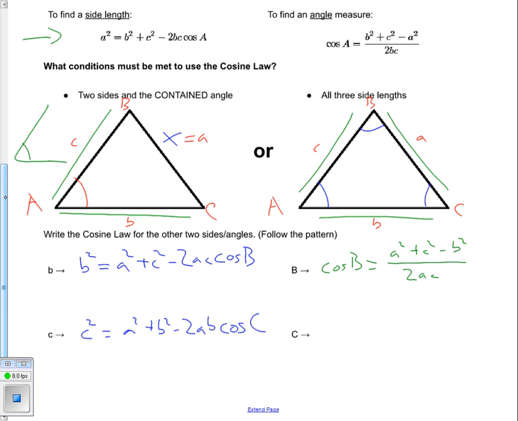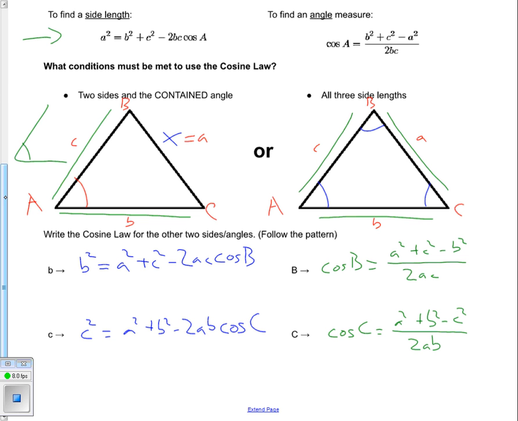And if I want to solve for angle C, you'd be using cos C is equal to A squared plus B squared minus C squared, all divided by 2AB.